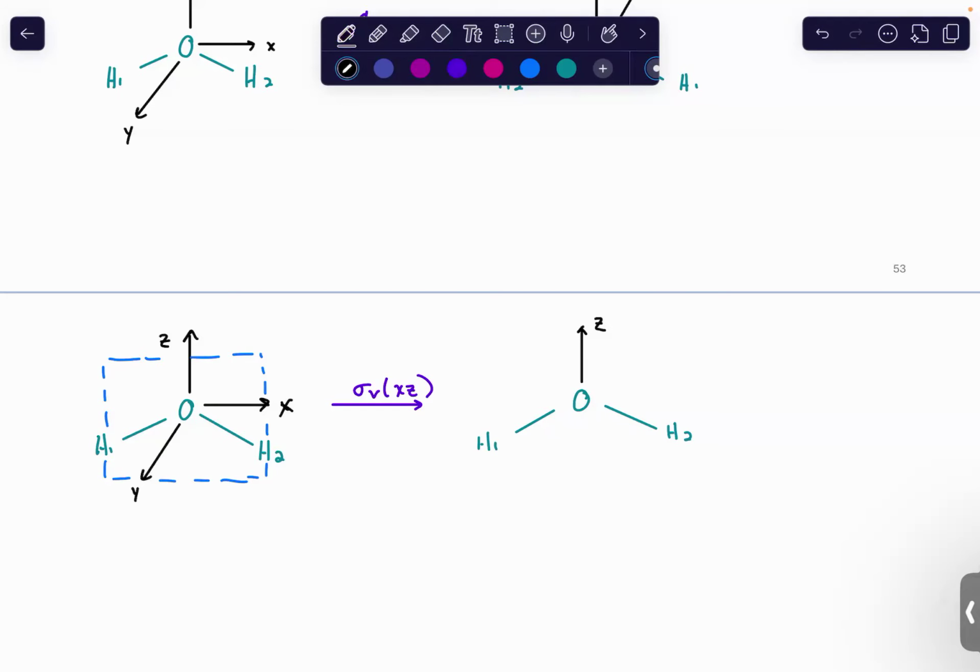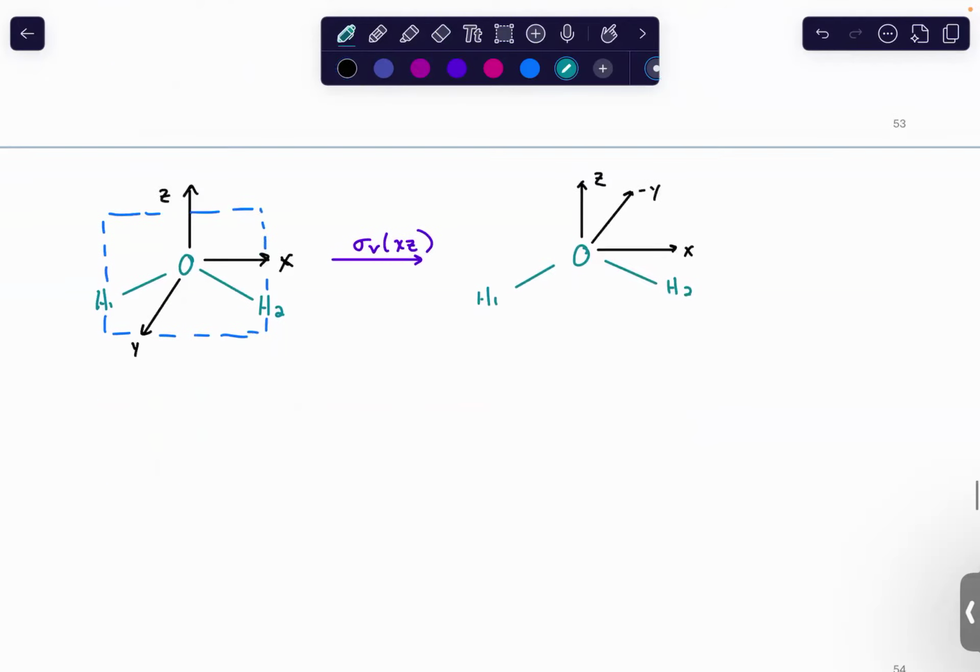Okay, so our Z stays where it is. Our X is also going to stay where it is. What about our Y axis? It's going to flip, it's going to reflect to the back. We're going to get negative Y. We have one more to do. We have to do the sigma v prime.